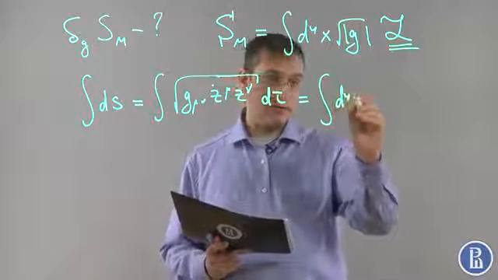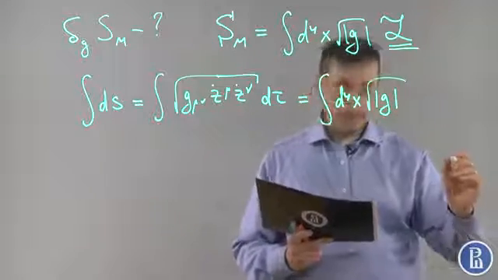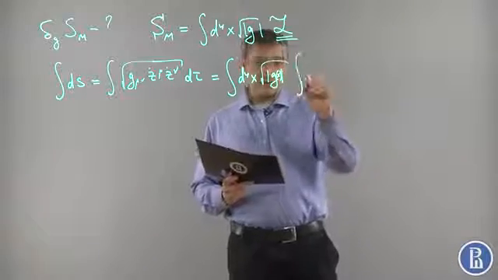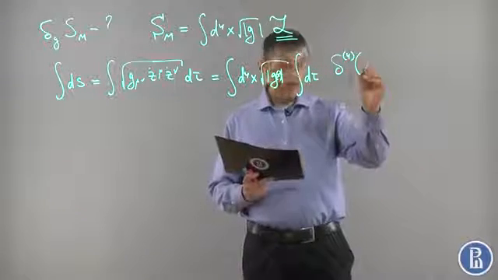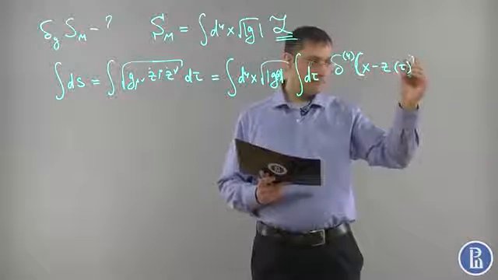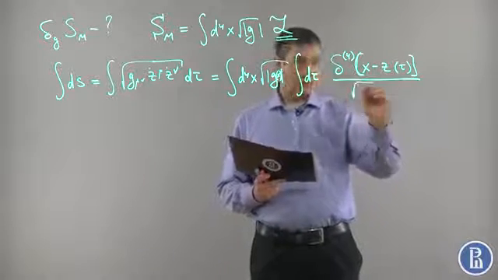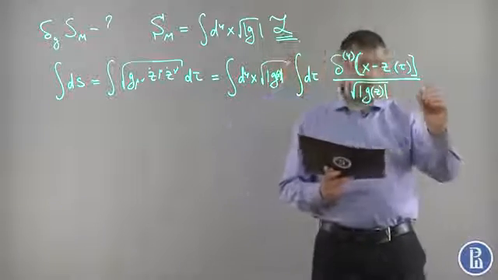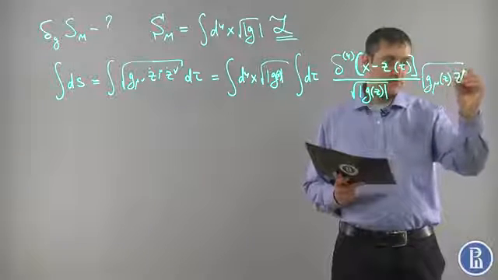So it's an integral over d4x square root of modulus of g of x, times an integral over d tau delta 4 of x minus z of tau, divided by square root of modulus of g of z, multiplied by square root of g mu nu of z times z mu dot z nu dot.